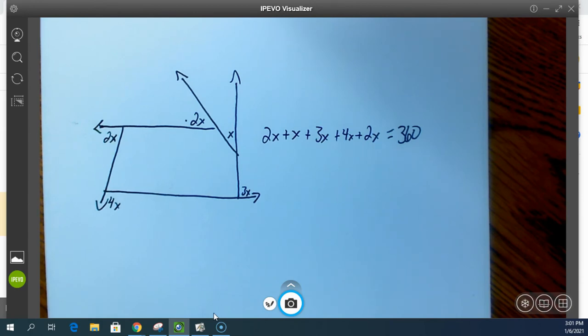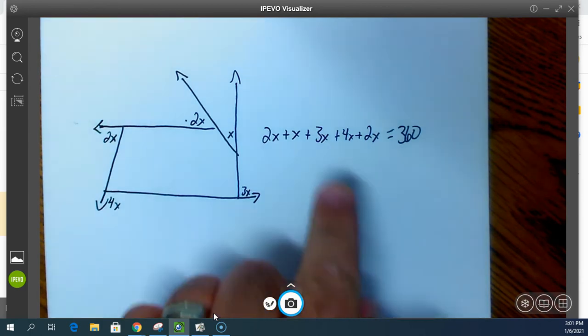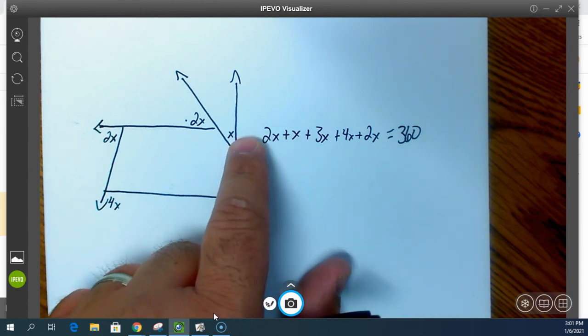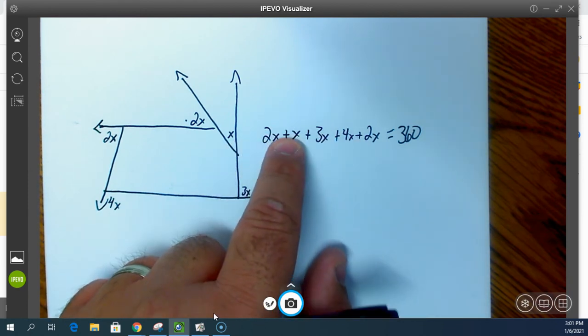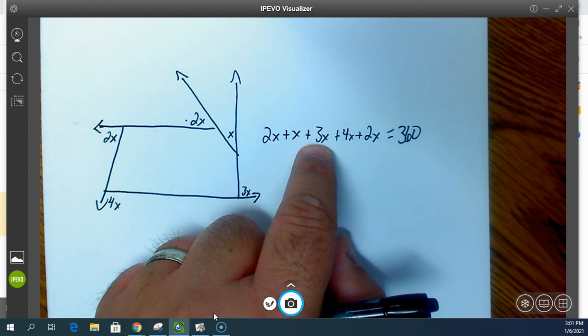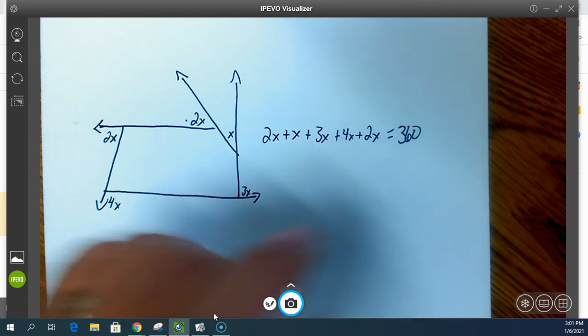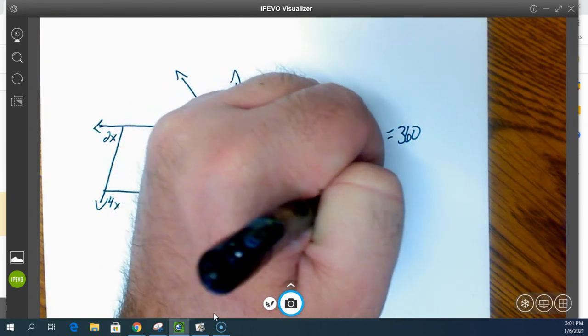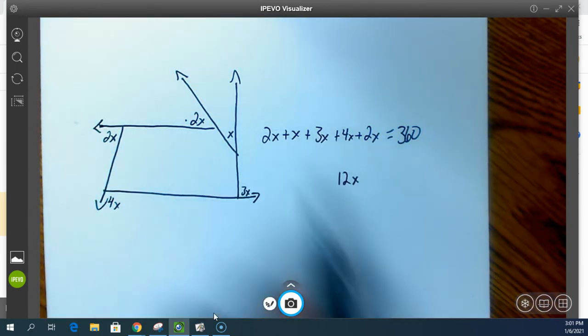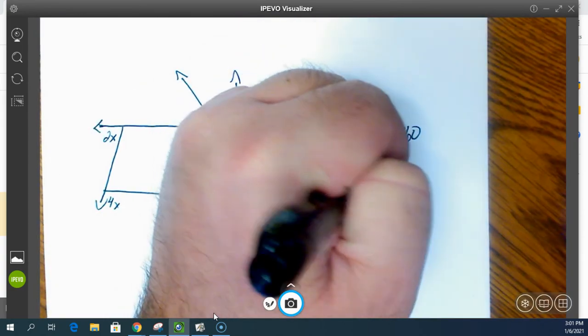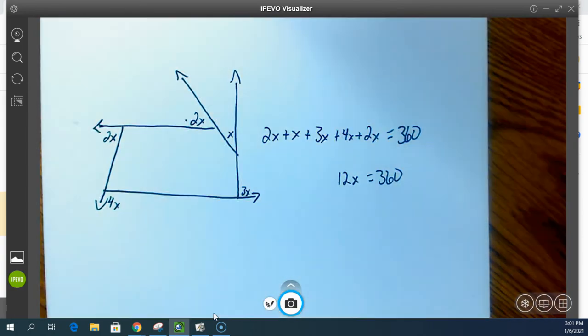So this one is a little bit easier than the one that we previously did because all I'm dealing with is variables. So I'm going to add all these up. 2 plus 1 is 3. 3 plus 3 is 6. Plus 4 is 10. Plus 2 is 12. So there's a total of 12 x's here. And it equals 360 degrees.